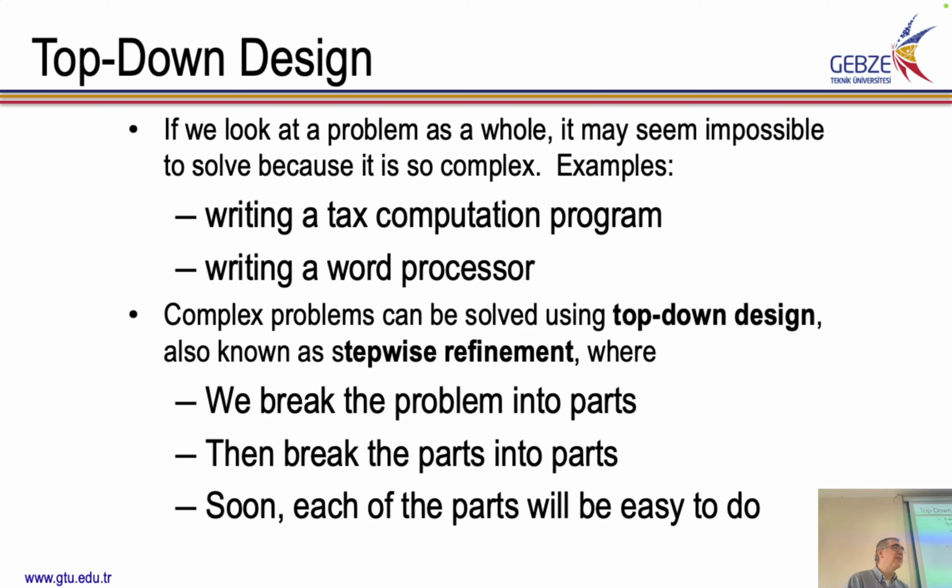It could be very difficult. Complex problems can be solved using top-down design, also known as stepwise refinement. We break the problem down into parts, then break those parts into subparts. Then each part will be easy enough to finish. Functional decomposition.